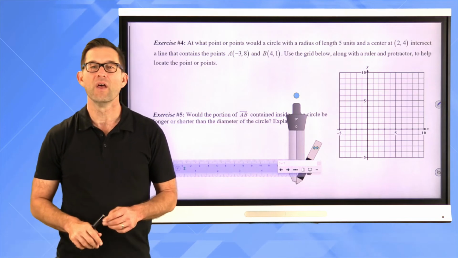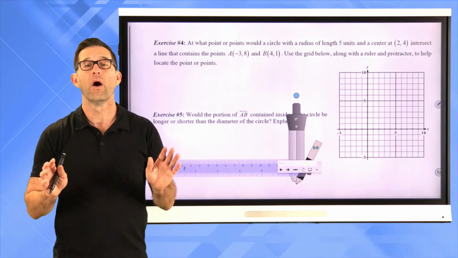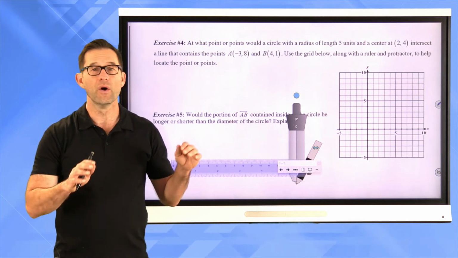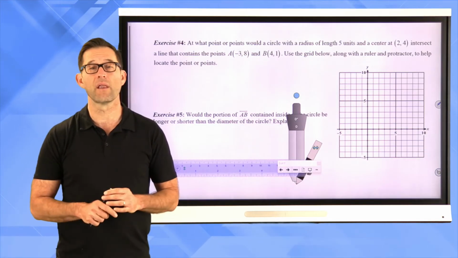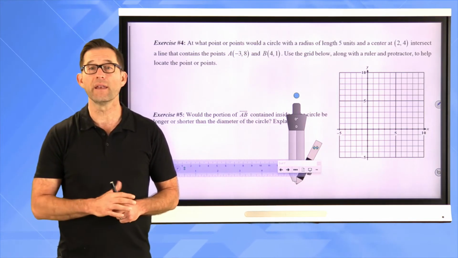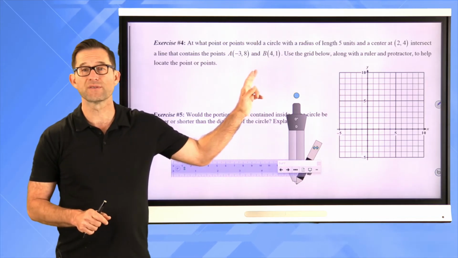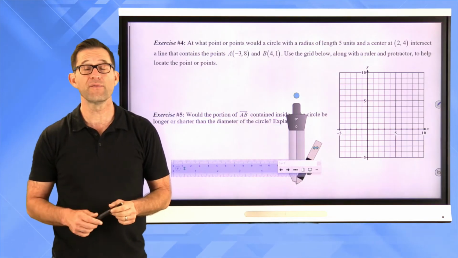All right, great. So what I'd like you to do is go ahead and try to do all of exercise 4 on your own. You're given a description of the circle, you're given a description of 2 points that lie on the line. See if you can figure out what point or points the line that passes through these 2 points will intersect the circle that's described here. Pause the video now and take a few minutes to do this.